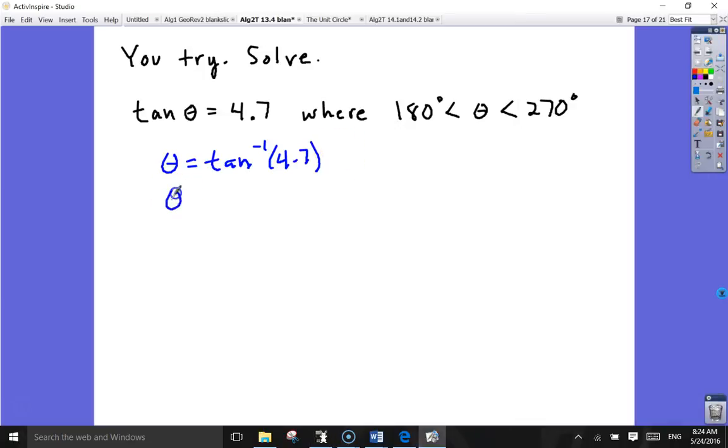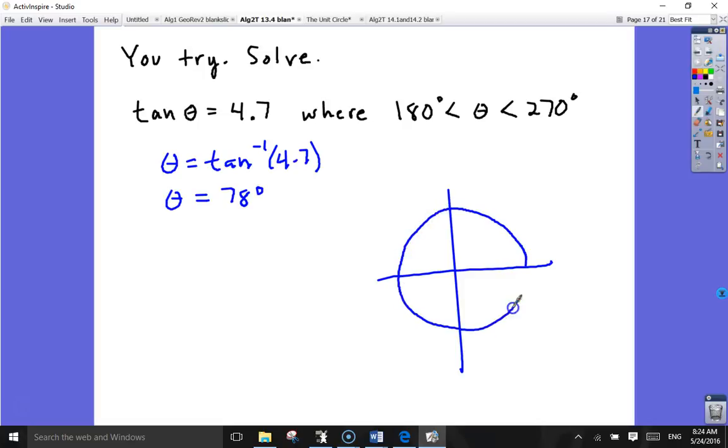Rounded. Theta equals 78 degrees. Okay. That is definitely a quadrant 1 kind of answer. 78 degrees is maybe right there. We know we want an answer in this quadrant. So what do we do? We add 180. And that will give us 258.